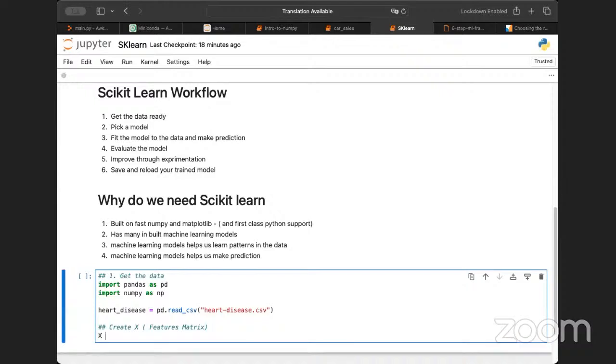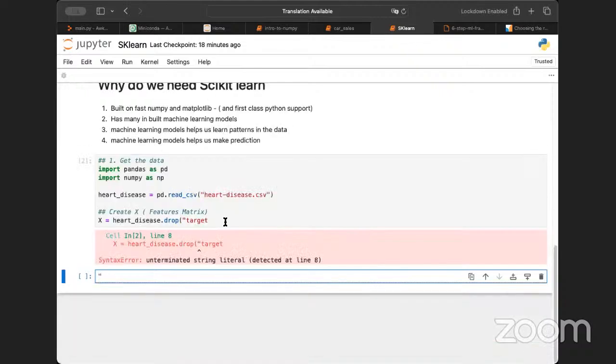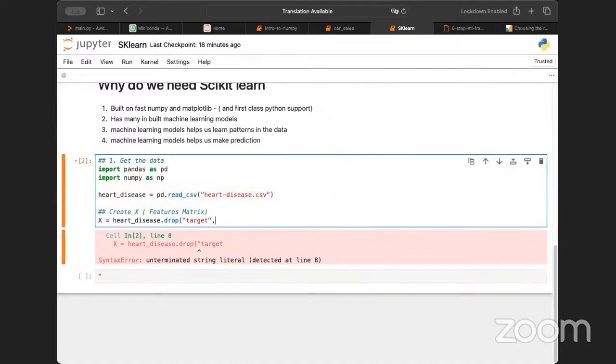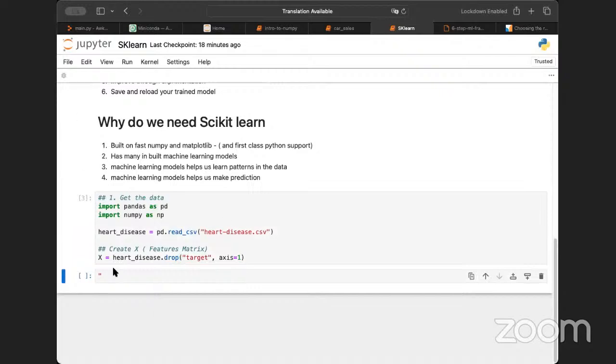So firstly, let's say X. And then we say heart disease drop, and we say target. And we say axis equals to 1. Second, create Y labels. How can we do that?